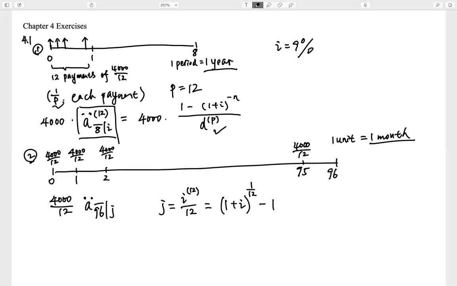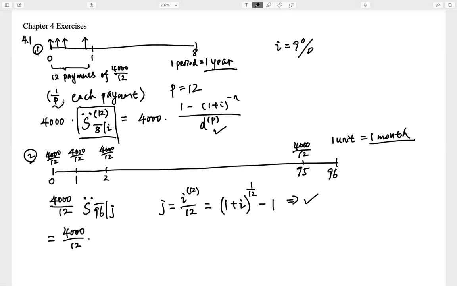So we just need to solve everything. And from here, you know what j is, right? And then you plug into this formula. So this is an annuity. Oh no, it's not a, it's s. We actually want the accumulated value, so I have to change this into s.